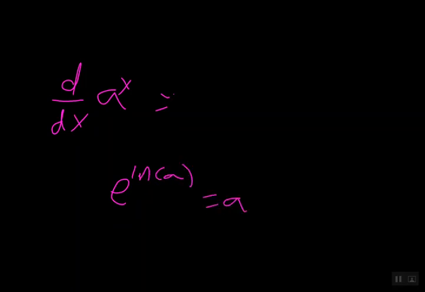I consider this a definitional property of the natural log. I also know that e to the natural log of a, raised to the x power, is just a to the x. If we have a power raised to a power, we can just multiply the powers, so this is e to the x times the natural log of a.